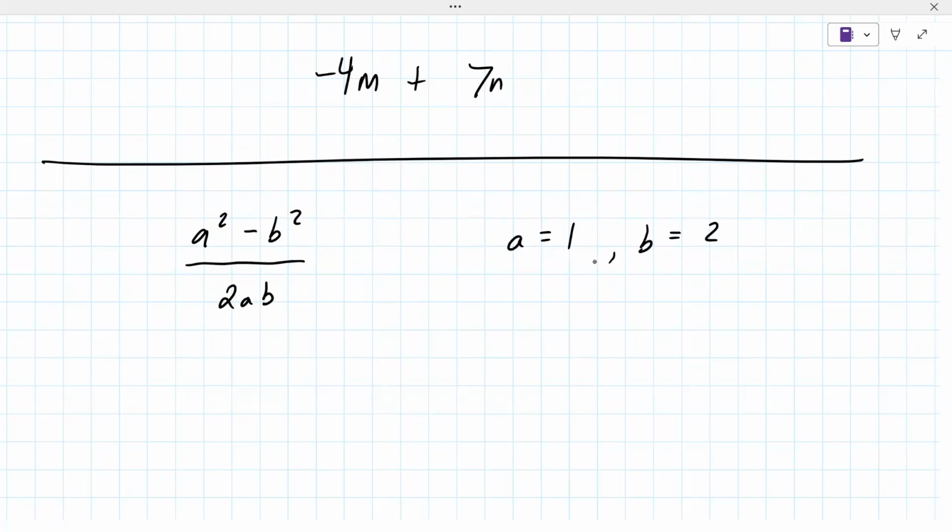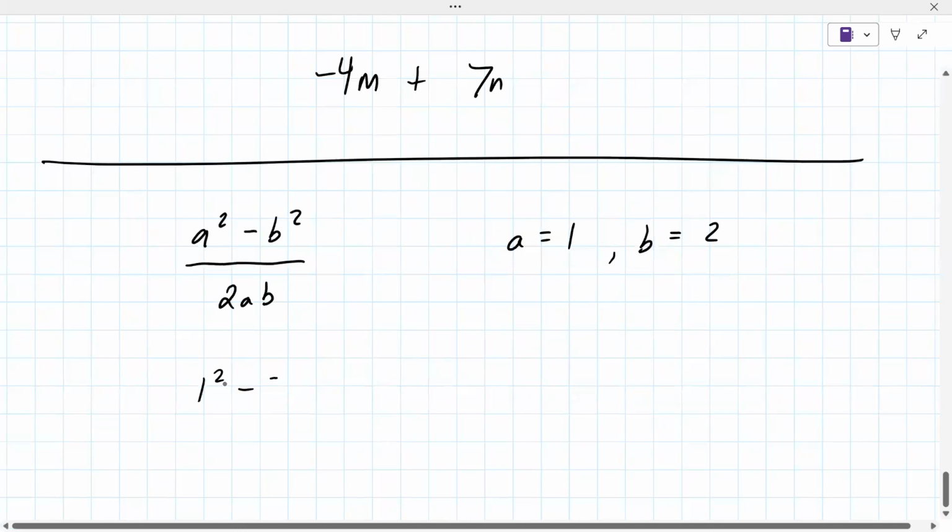So 3/4. Okay, and that's your final answer. I think so. It can't be reduced.